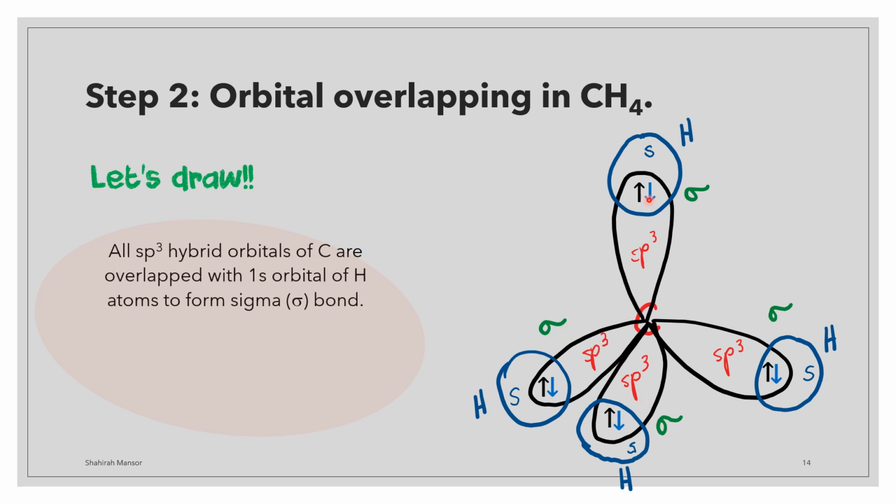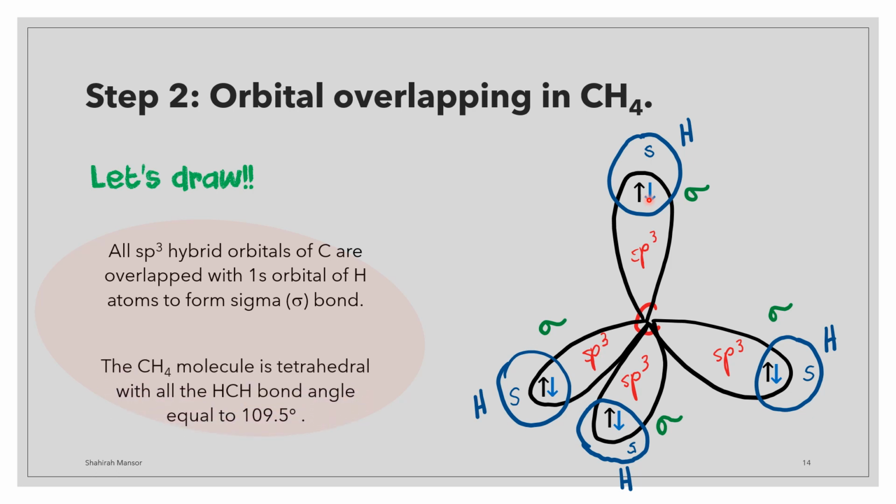So here all sp3 hybrid orbitals of C are overlapped with 1s orbital of H atoms to form sigma bond. The CH4 molecule is tetrahedral with all HCH bond angle equal to 109.5 degree. So if you still remember, dalam molecular geometry sebelum ini, we did identify CH4 sebagai AB4.